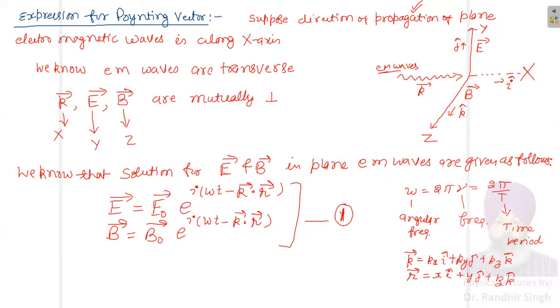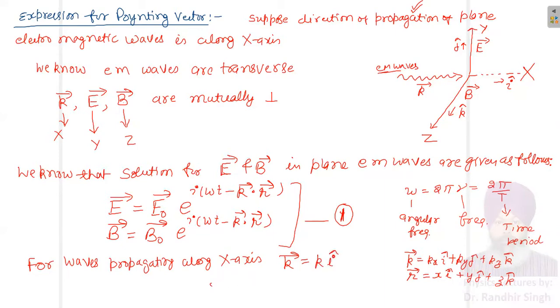So you have to remember that we have made an assumption that for waves propagating along x-axis, we can very simply write k vector equal to k i cap.